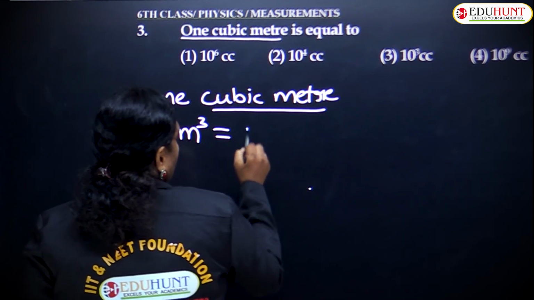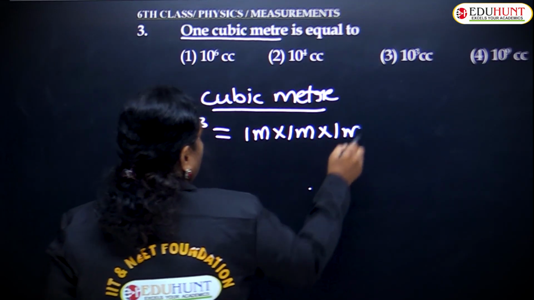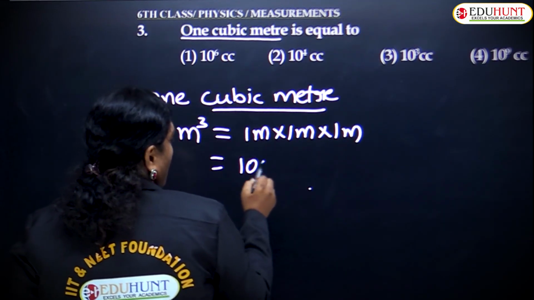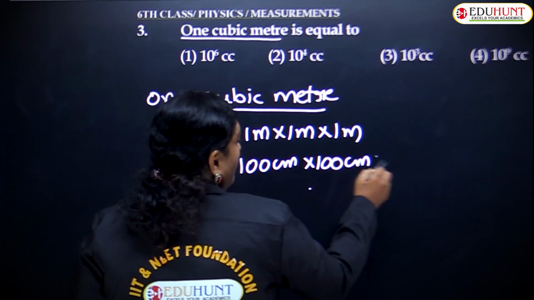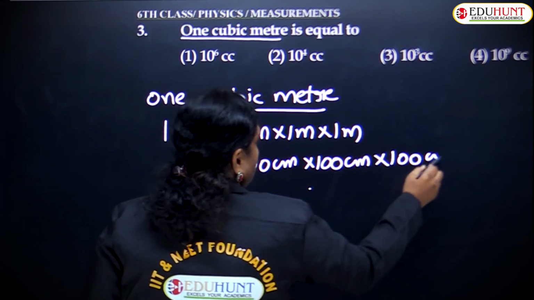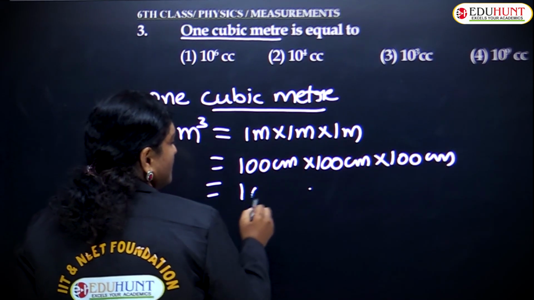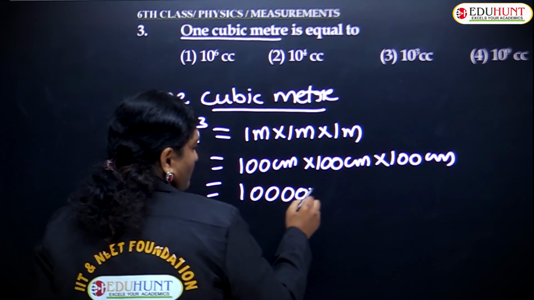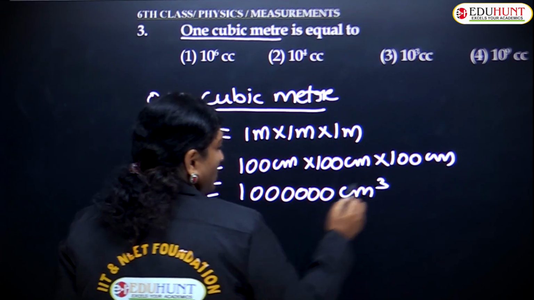So totally how many? Let me write it. 1 meter cube can be written as 1 meter into 1 meter into 1 meter. 1 meter means 100 centimeter, so 100 centimeter into 100 centimeter into 100 centimeter. So 100, 100, 100, how many zeros? 6 zeros. Centimeter into centimeter into centimeter, centimeter cube.